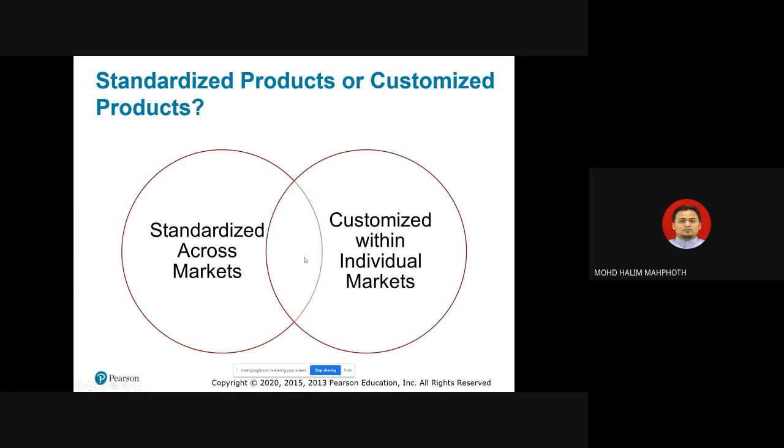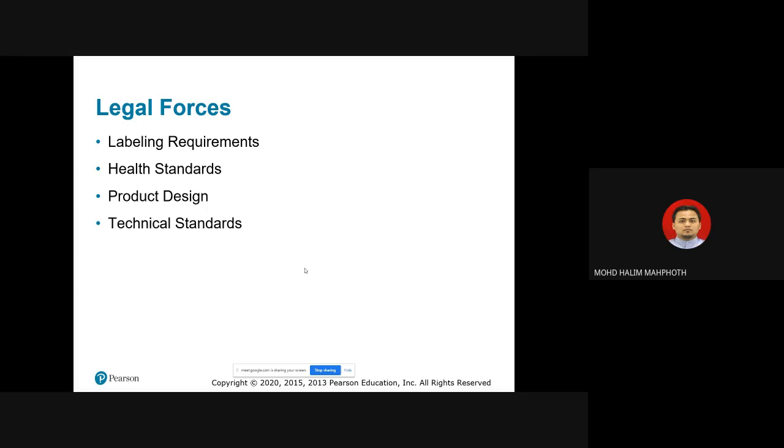The easiest example is instant noodles. On the cup packaging you can use different languages, or standard languages, or you can put in one single cup two or three different languages, so this one is mixed under the market. So you have to identify which strategy your company is suitable for, standardized or customized.